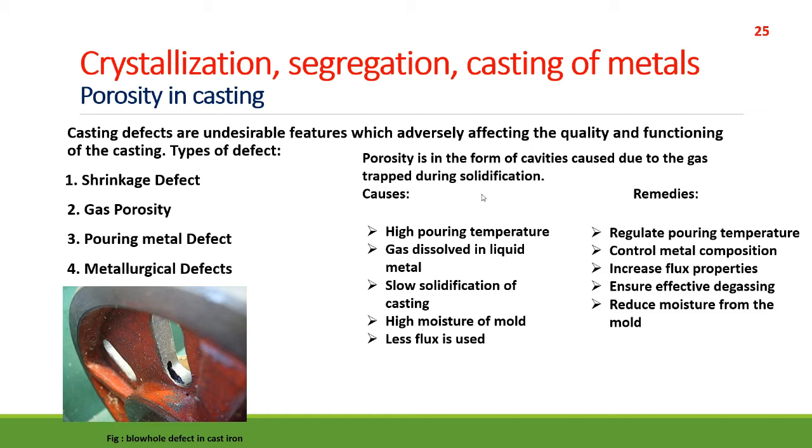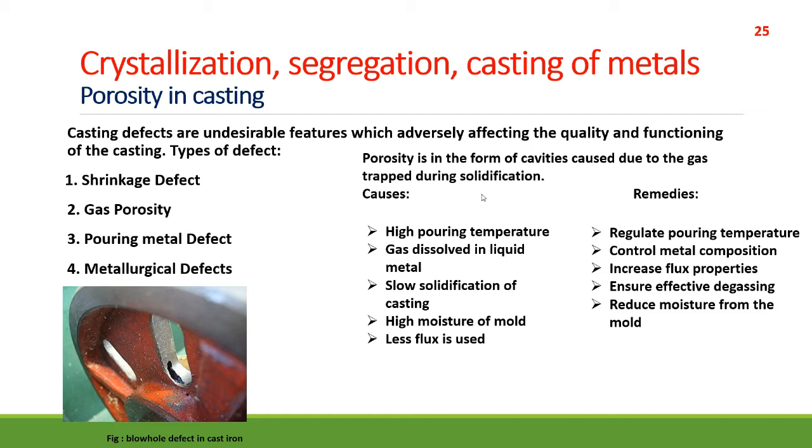Here you see the list of reasons. Number one is high pouring temperature. Number two is gas dissolved in liquid. Number three is slow solidification of casting. Number four is high moisture of mold. And number five is less flux used. Here by flux, I mean the separation between the liquid and the air outside.